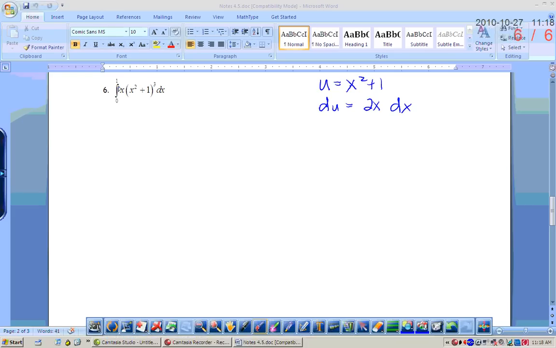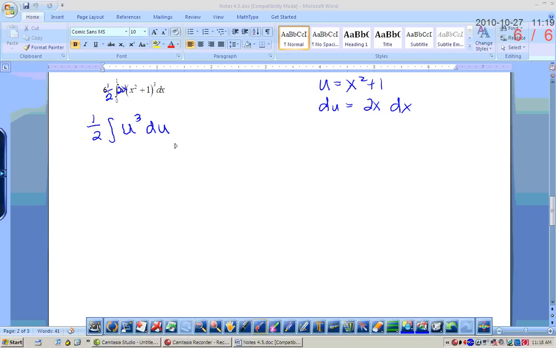Absolutely. So we have 1/2 integral. What do we get when we make our u substitutions? U cubed du.